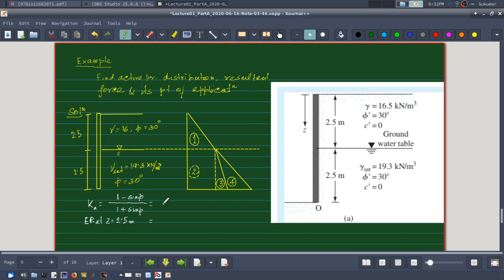Sine 30 is half, so this is 1 minus half by 1 plus half. This is 0.5 by 1.5, so 1 upon 3.